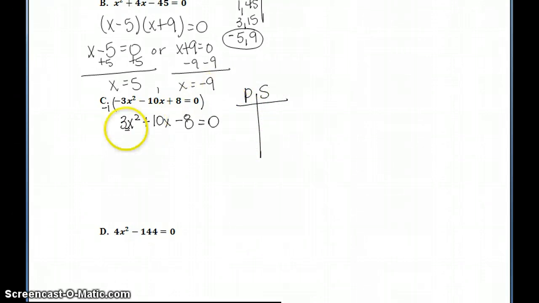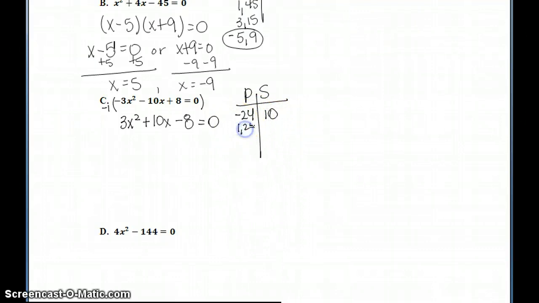My product on this one is going to be 3 times negative 8, which is negative 24. And my sum is going to be 10. So I need to find numbers that multiply to give me 24 and add to give me 10. Let's do the factors of 24.